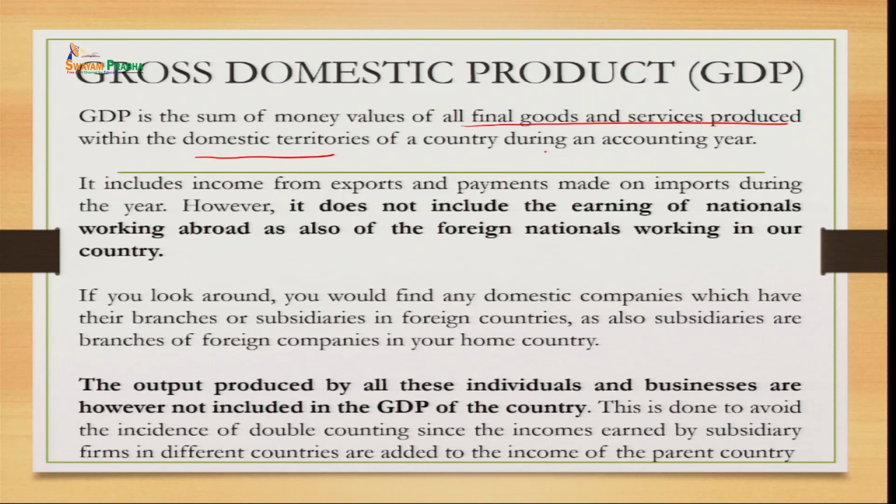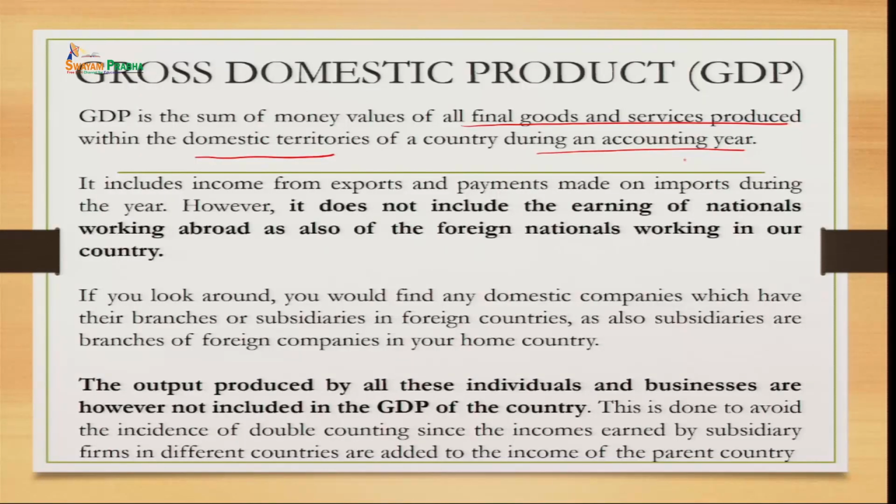The important thing to remember here is that we are taking only the final value of those goods and services which are produced within the domestic territory of an economy during an accounting year. Now, in this GDP we include the income from export and payment made on import. We also take into account the difference between import and export.